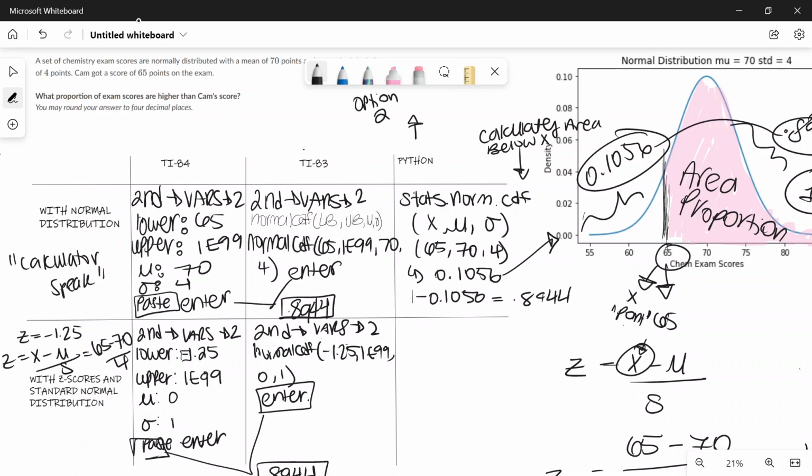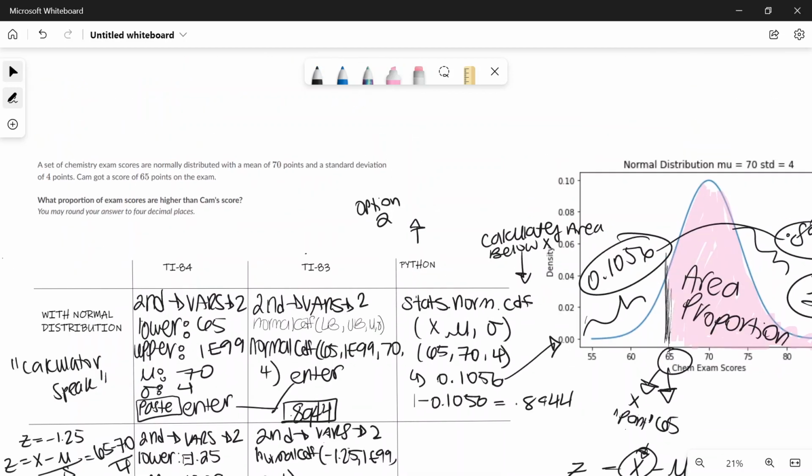So option 2 was to use stats.norm.sf, which is the same thing as 1 minus CDF, or 1 minus stats.norm.cdf. Right, it's the same thing as that.